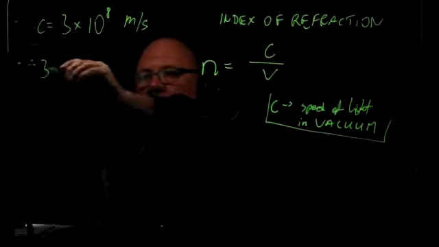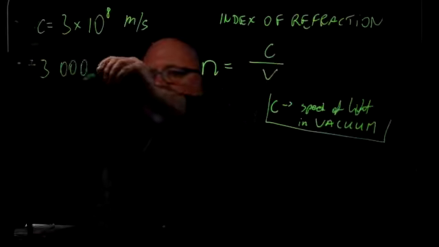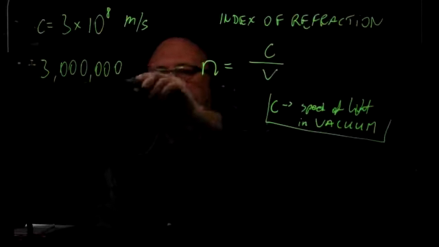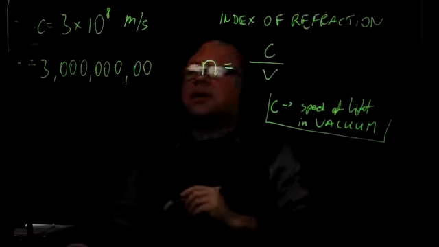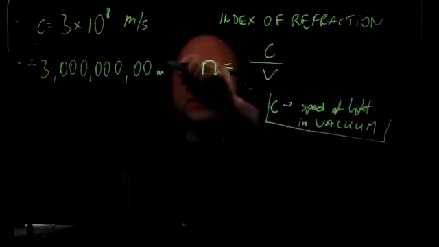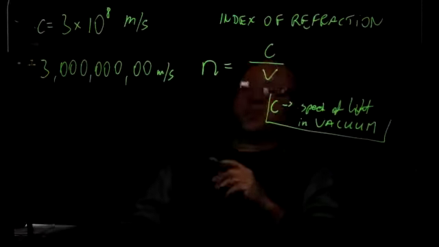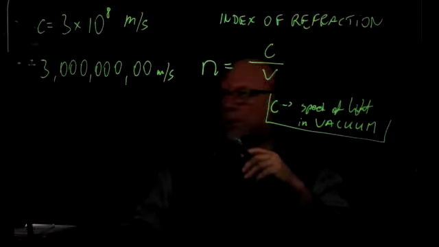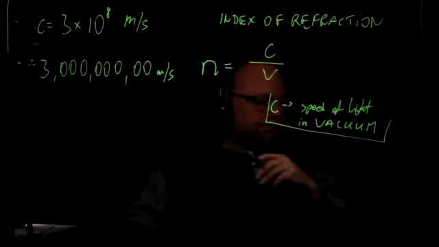Well, that is 300,000,000 meters per second. So that's as fast as the light travels through the vacuum, where there's nothing to slow it down.